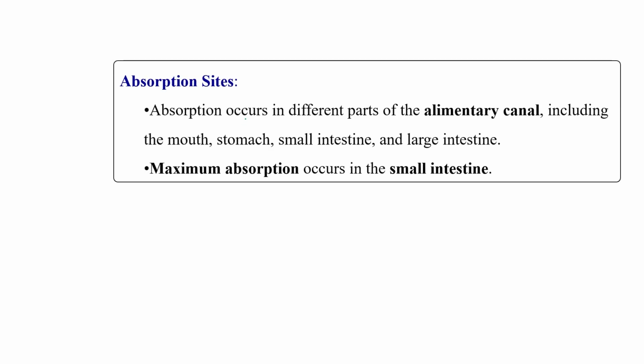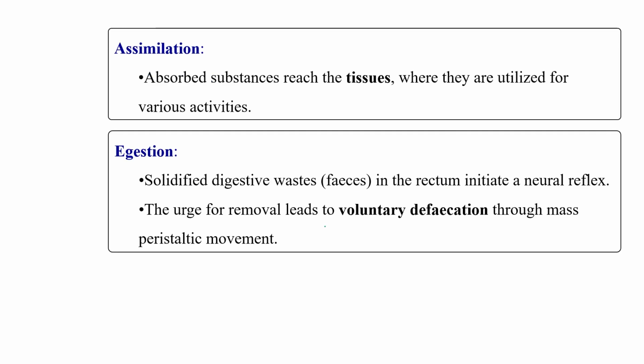Now, absorption occurs in different parts of the alimentary canal, including the mouth, stomach, small intestine, and large intestine. But maximum absorption occurs in the small intestine only. Maximum absorption. Okay, now assimilation: absorbed substances reach the tissues where they are utilized for various activities.